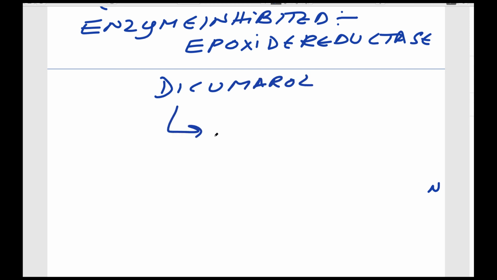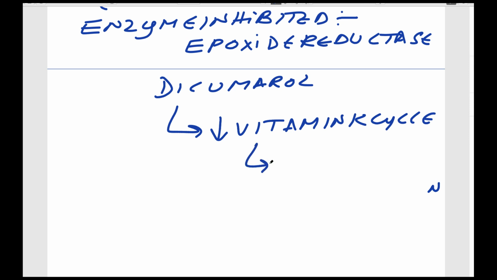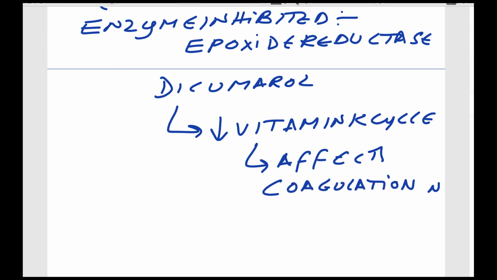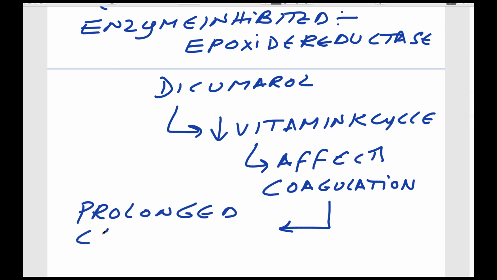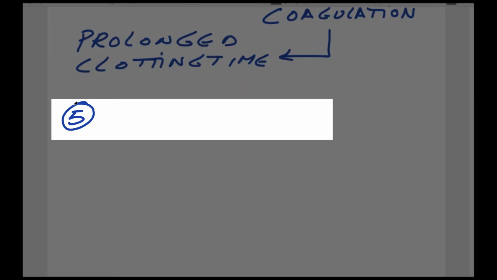It stops the vitamin K cycle, so it affects the coagulation process. Because of the application of dicumarol, prothrombin time is delayed, so there is a prolonged clotting time.